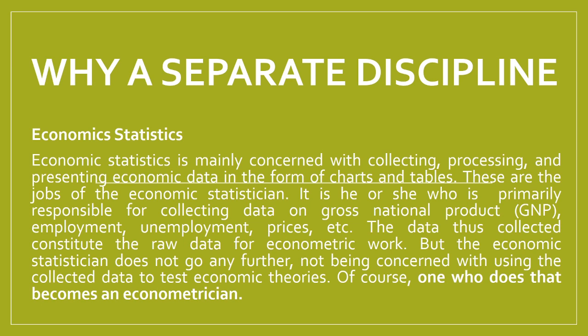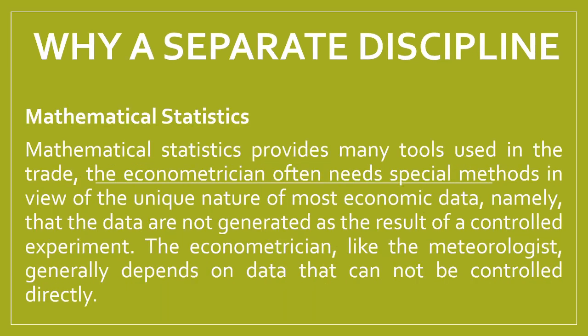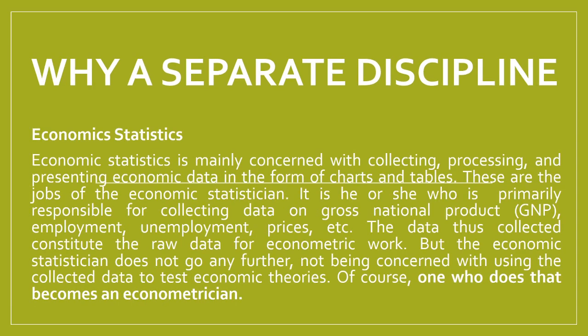It provides empirical testing of the data collected, processed and presented by the economic statisticians, and it gives controlled experiments for the data or the tools used by the mathematical statisticians. These are the advantages of econometrics over economic theory, mathematical economics, mathematical statistics and economic statistics.